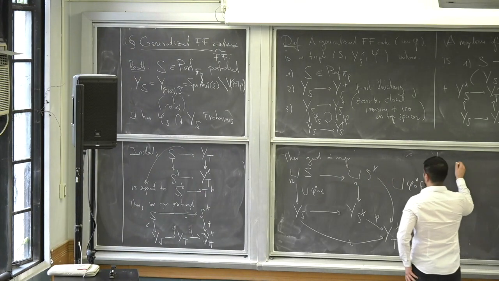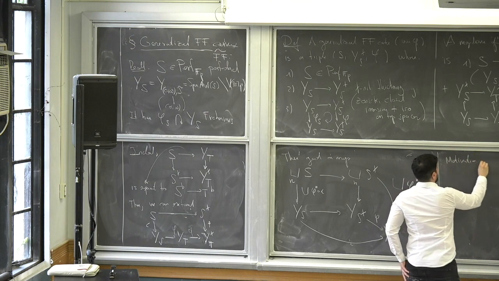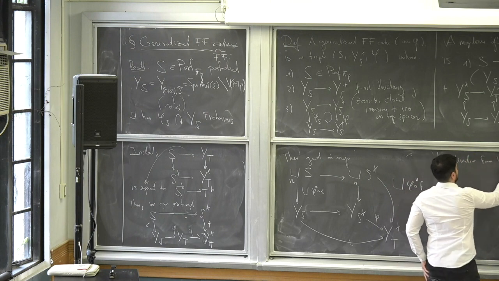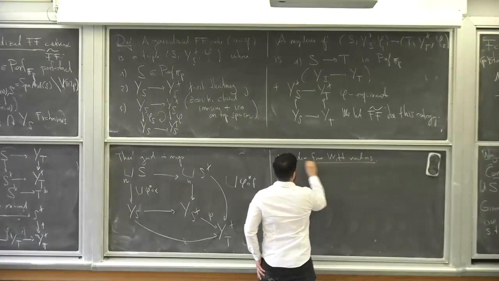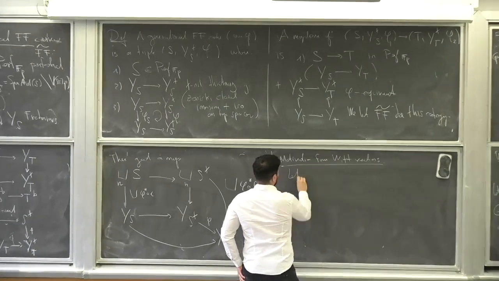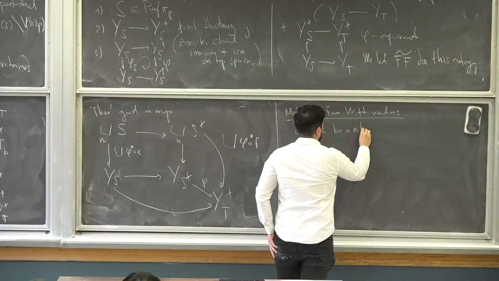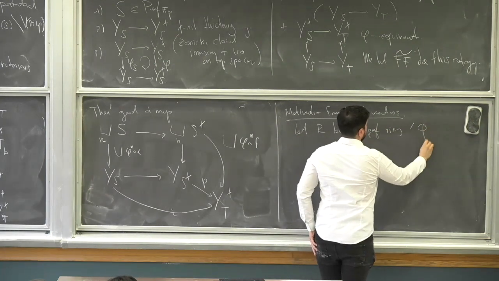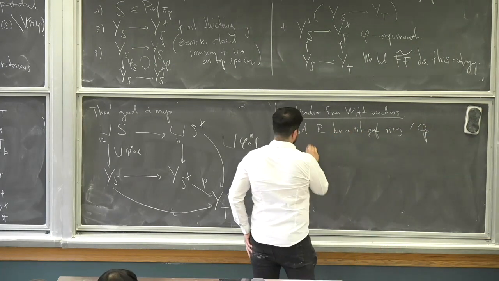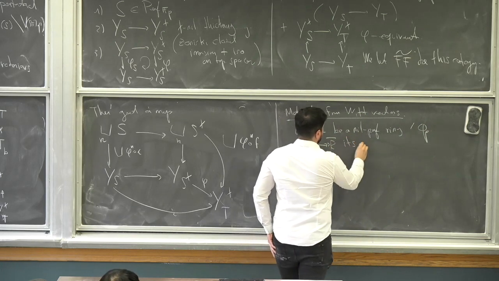Then maybe motivation, or bit vectors. So let R be a near perfectoid ring over P and let R^red be its reduction.